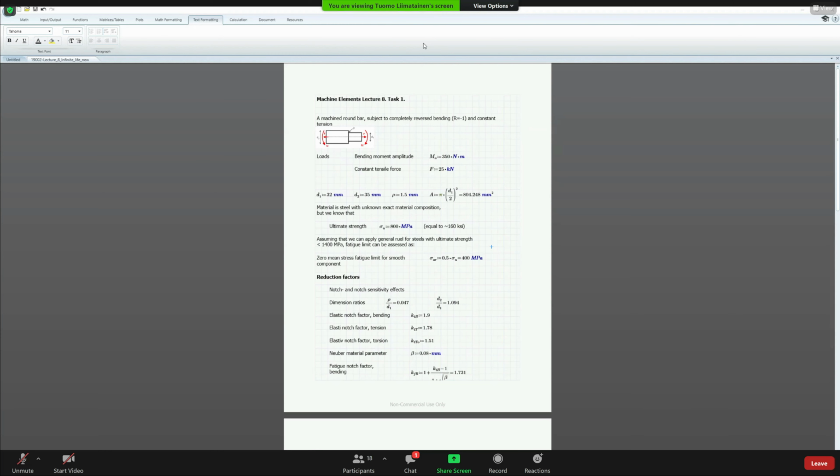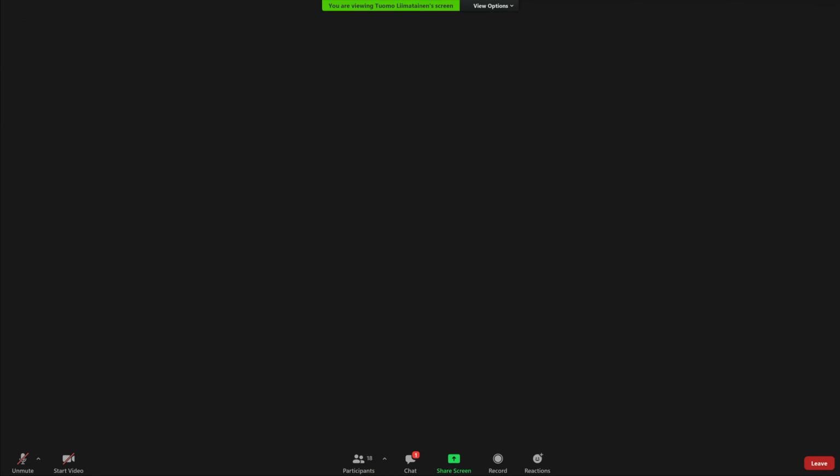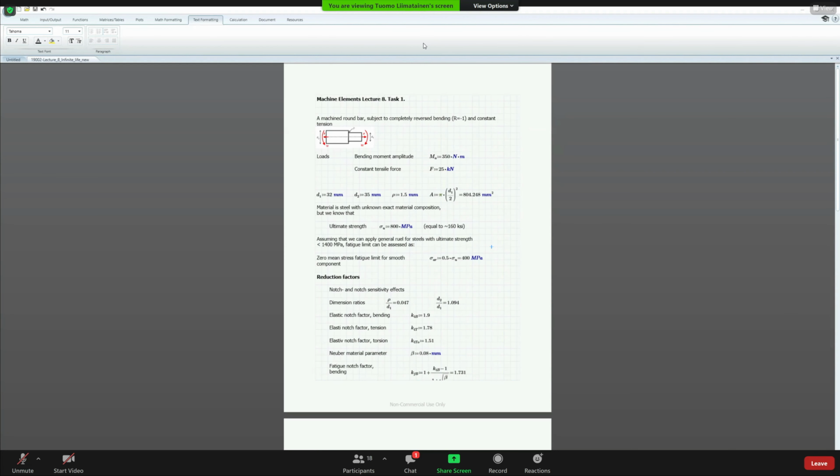And further on, we know that the material has been tested for 800 megapascals of ultimate strength. When we follow this approximation for fatigue limit, which was for steel materials with less than 1400 megapascals of ultimate strength, we can use 50%.